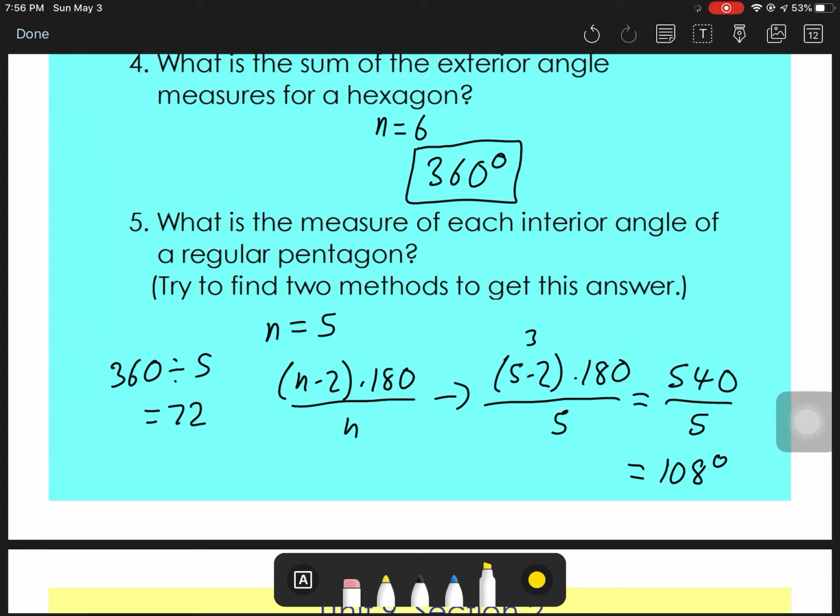I'll draw a regular pentagon, please forgive me, it's so hard to draw. 72 degrees is the exterior angle, so the interior angle has to be supplementary with it. If you take 180 minus 72, you get 108, which is the answer we wanted.